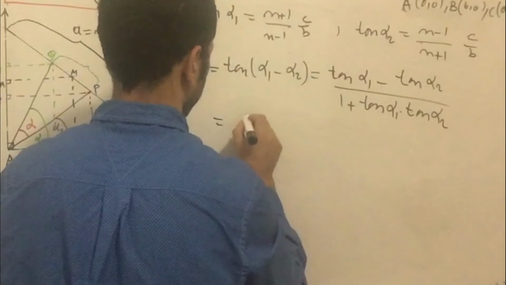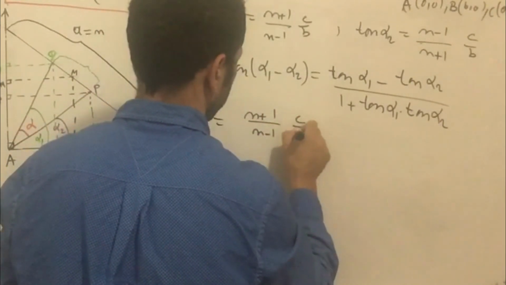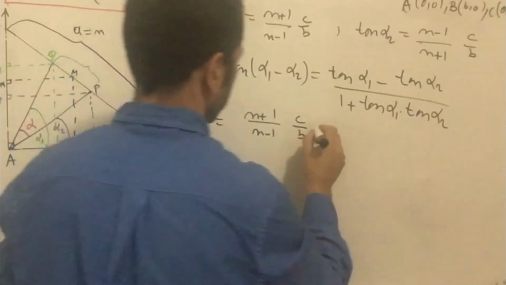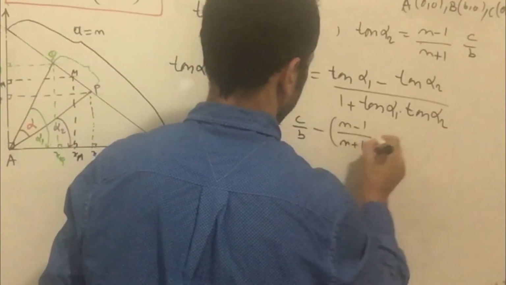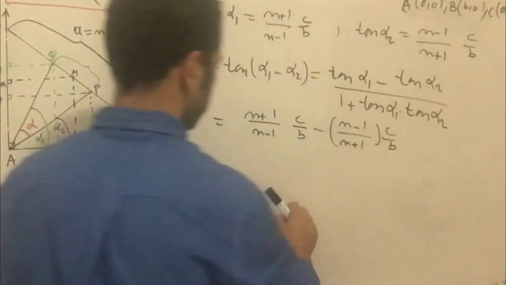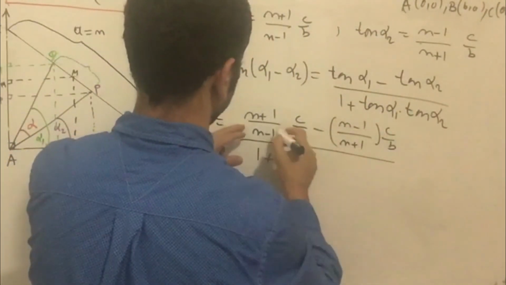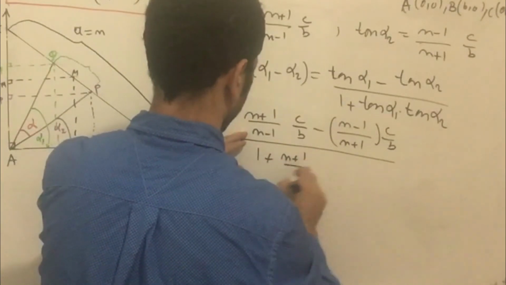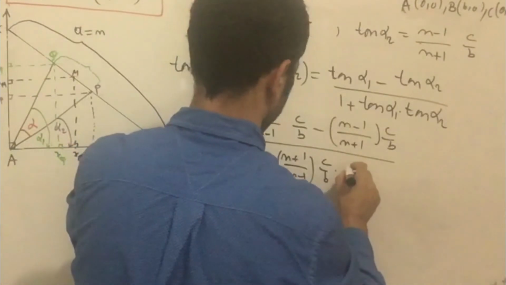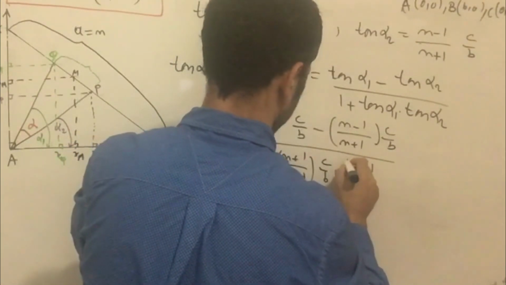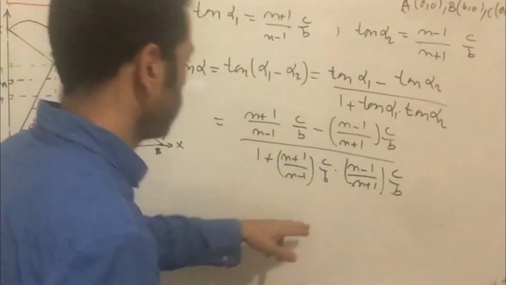Tangent alpha 1 is (n plus 1) over (n minus 1) multiplied by c over b, minus tangent alpha 2, (n minus 1) over (n plus 1) multiplied by c over b, over 1 plus tangent alpha 1, (n plus 1) over (n minus 1) times c over b, multiplied by (n minus 1) over (n plus 1) times c over b.